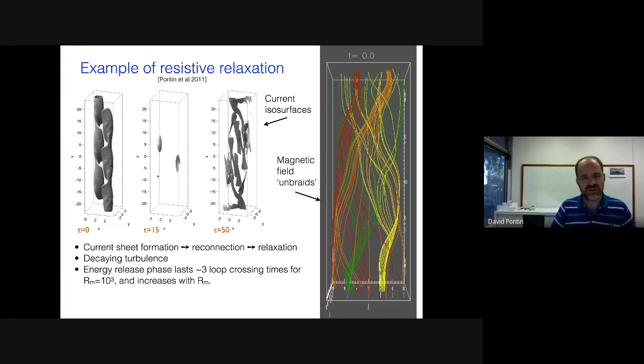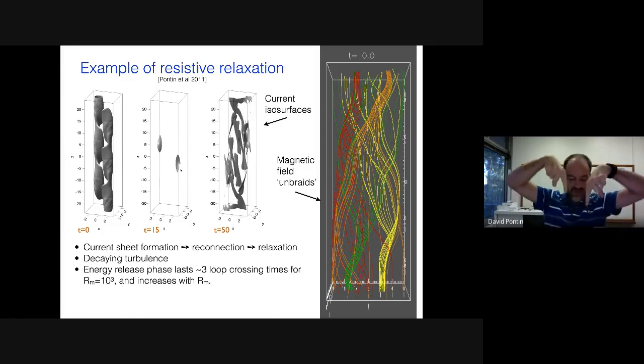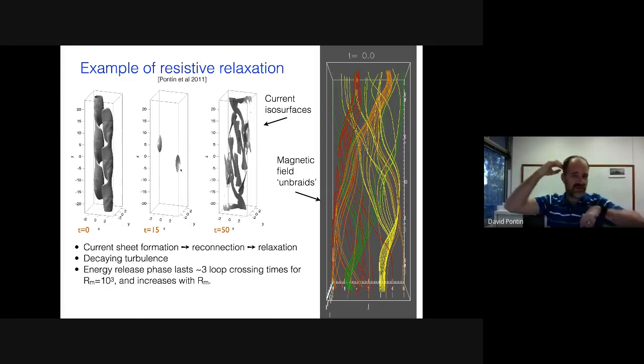The middle one shows the formation of those 2 initial current ribbons that we saw previously in the ideal relaxation. Now, because the resistivity is finite, reconnection is allowed to happen in those current layers. And what we end up seeing is that once reconnection happens in the initial 2 current layers, it spawns a whole kind of fragmented structure of current layers eventually.